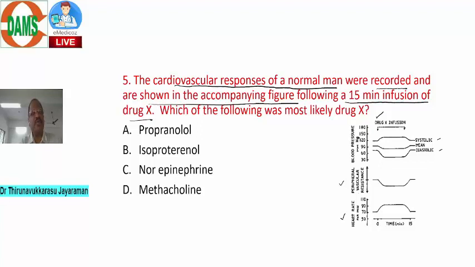From the picture, you should find out which of the following drugs was most likely the given X. So following X infusion, the response occurs here. So find out the drug X.